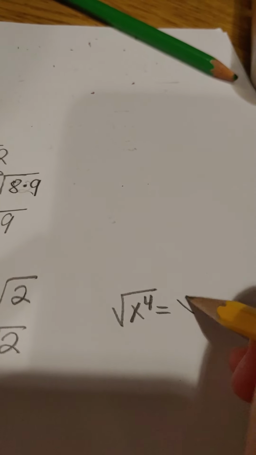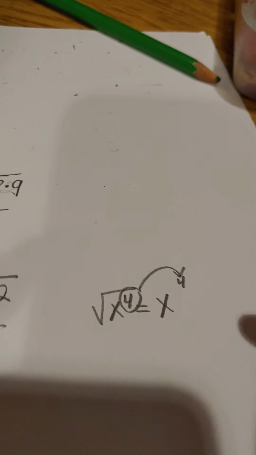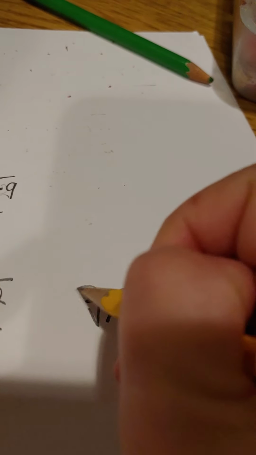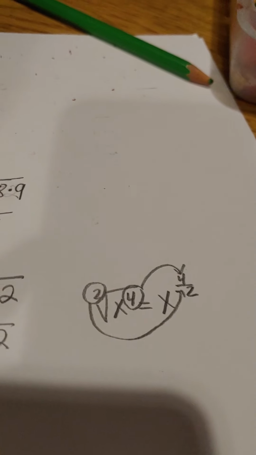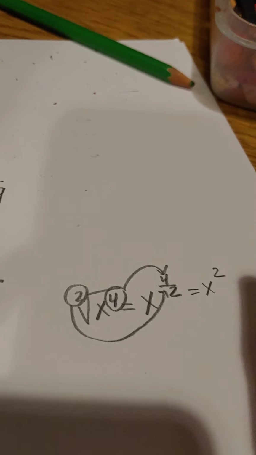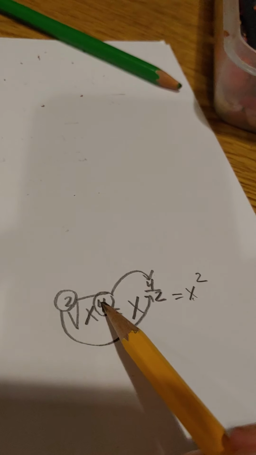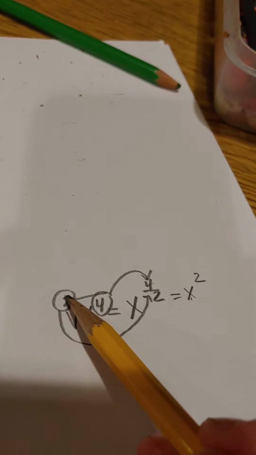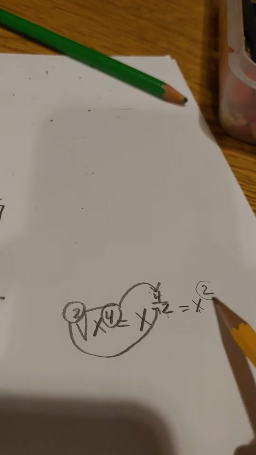You put x, this 4 goes on top, and this invisible 2 goes on the bottom of the fractional power. So 4 over 2 is 2, so the square root of x to the fourth power is x squared. You always put the power on top and the index on the bottom, and then you figure out what it is.